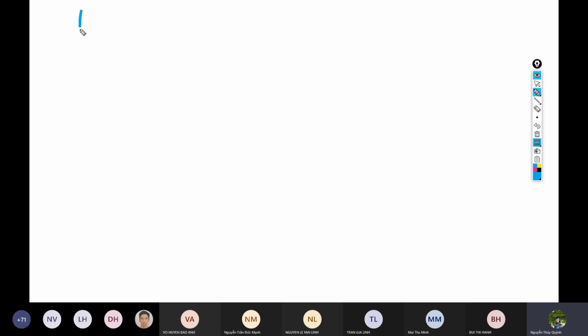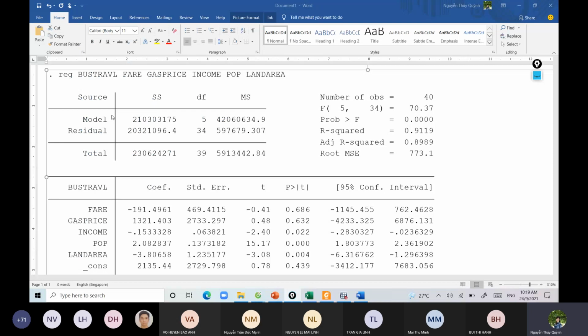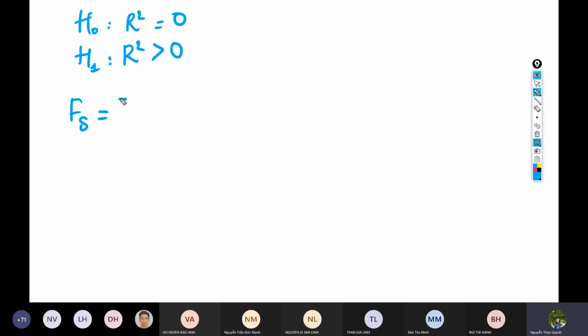We have the hypotheses H0: R square is equal to 0, and H1: R square is greater than 0. In step 2, you still have to have the observed value of F, which you can take from here, which is 70.37. And we have the p-value associated.